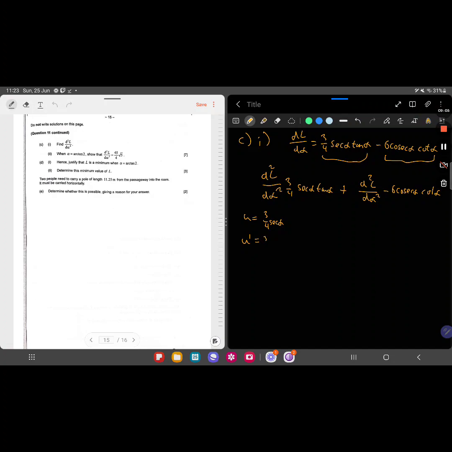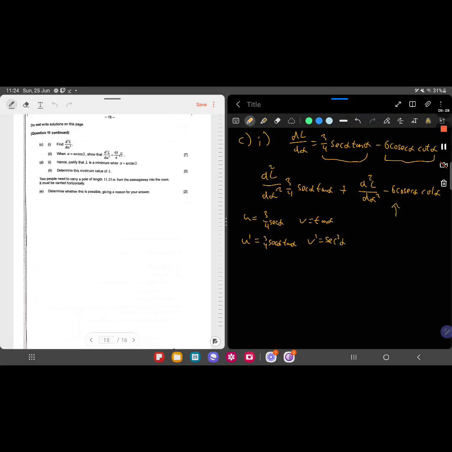I can just keep the 3 over 4. Product rule: u prime v plus v prime u. And v equals tan alpha, so v prime equals sec squared alpha.